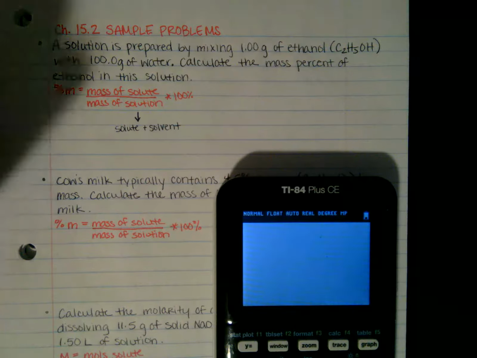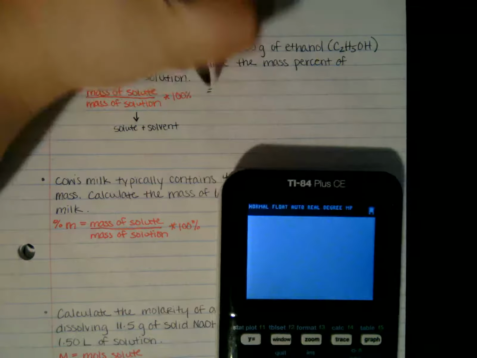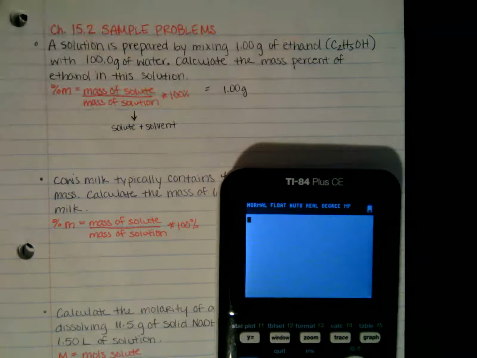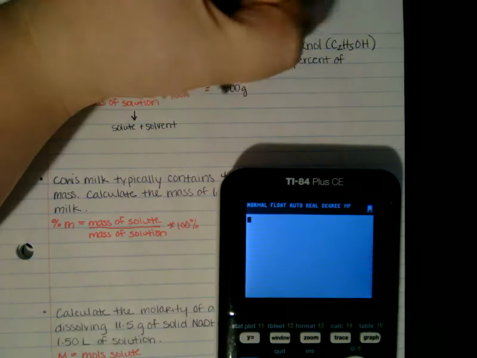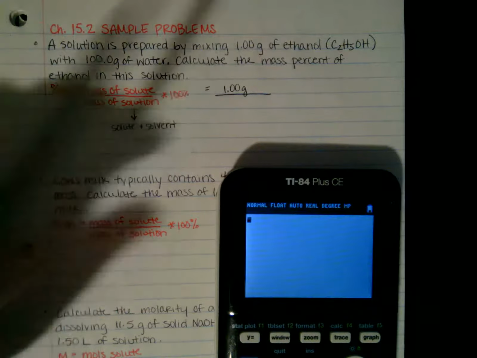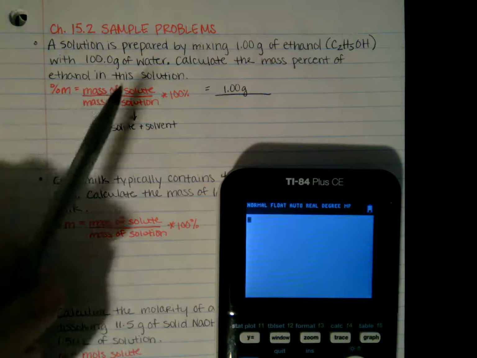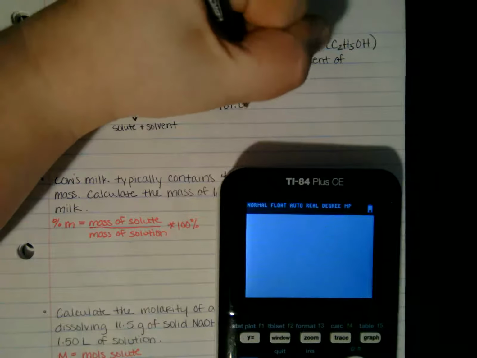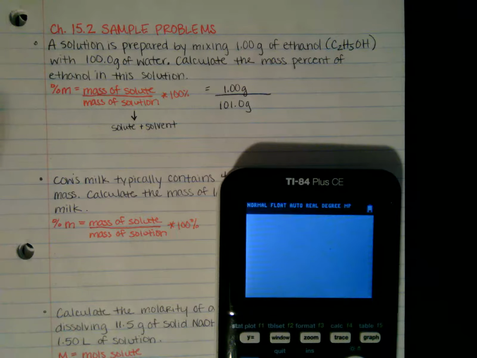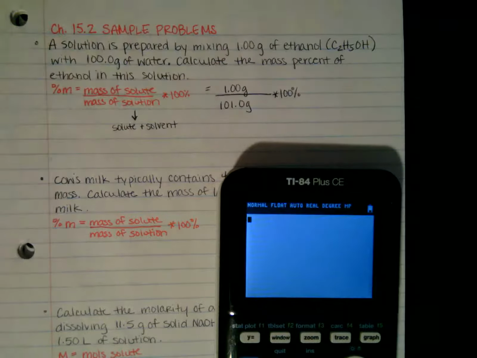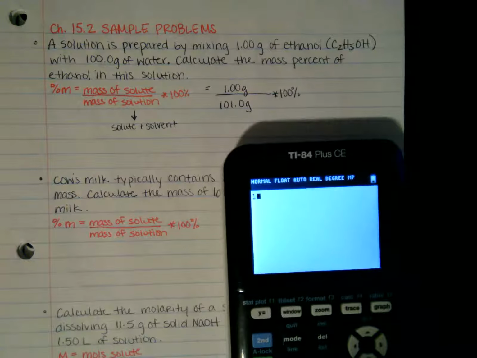Okay, so here we would say our mass percent of ethanol is equal to 1 gram, divided by the total mass of our solute, which would be that 1 gram, and our solvent, 100 grams. So we have 101 grams total of solution times 100.